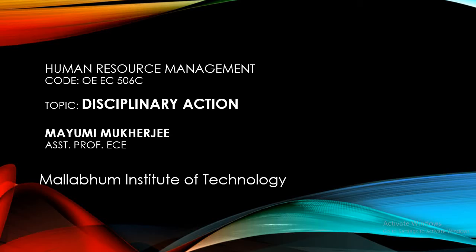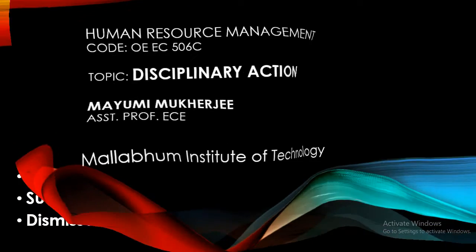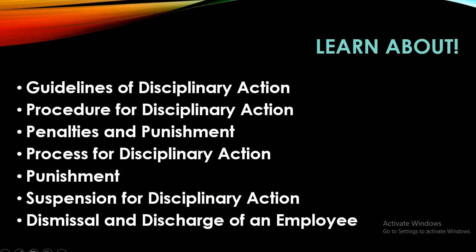So in our last class, I talked about the guidelines of disciplinary action, then the procedure of disciplinary action, then penalties and punishment, a brief introduction, and the process for disciplinary action.